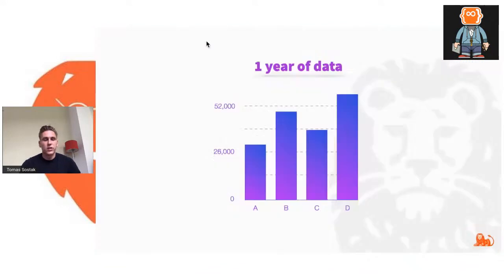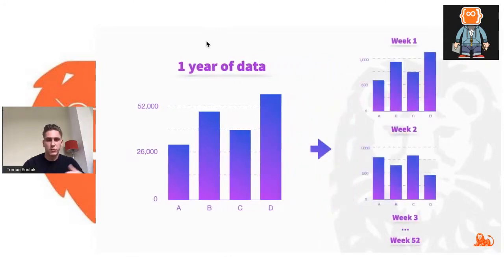You don't necessarily have to have reference data. You could also compare the incoming data to itself. For example, if you have data coming in a batch of 1 year, you could split the same data per week or per specific period, let's say per month, and compare the data to itself. Let's say each week you would compare to the previous week.